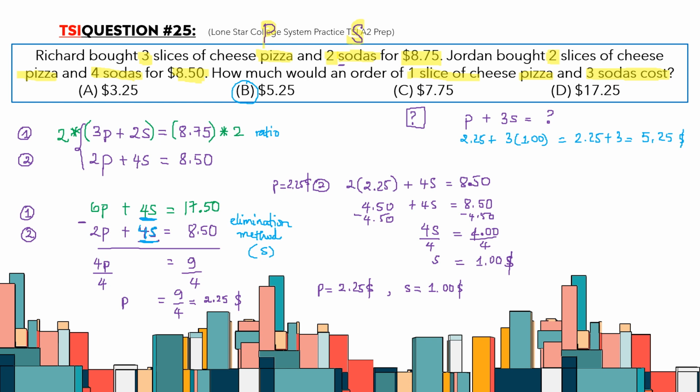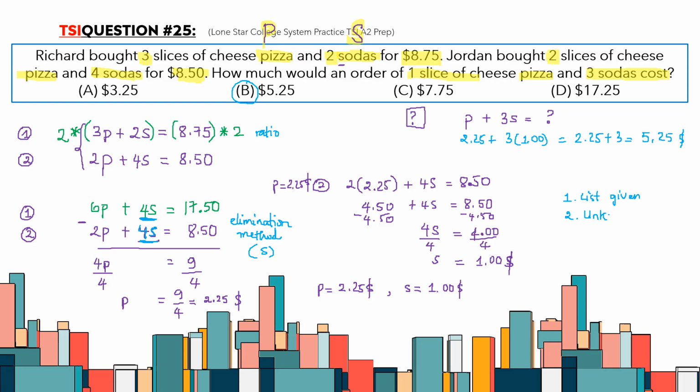So for all word problems, first we have to list out all of the given information. Then we have to find out what our unknowns are. Our unknown is not necessarily our question.